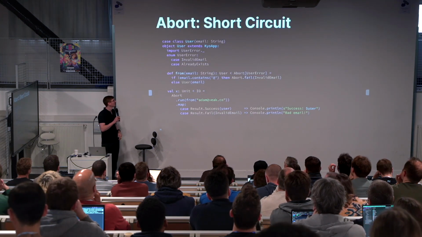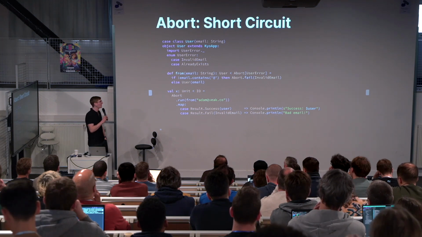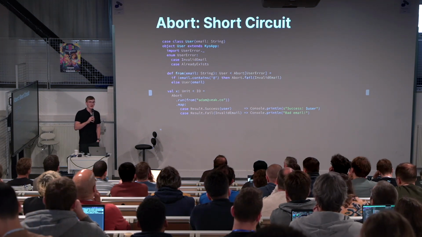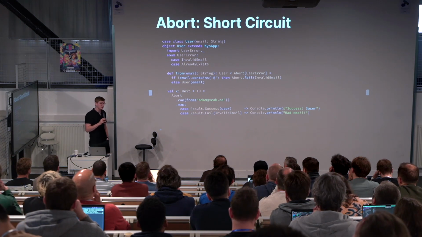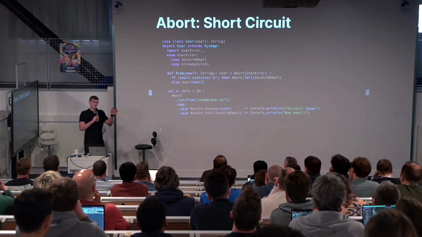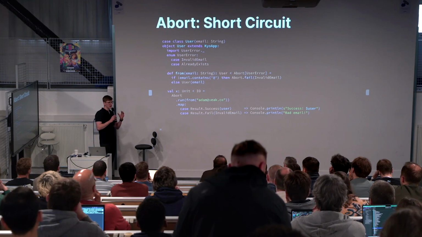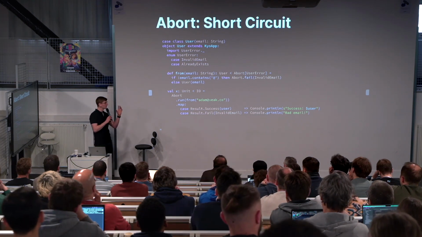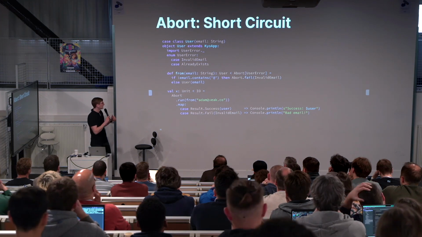Okay, abort. So if you've ever written Zio-style code, you know it's extremely common to use the E type as your short circuit. And the beautiful thing in Kyo is you can explicitly use that when you want. So instead of having this ZIO[Any, Nothing, A], you end up with just leaving the entire expression. So it becomes just user pending IO. In this case, it's actually simpler than that.